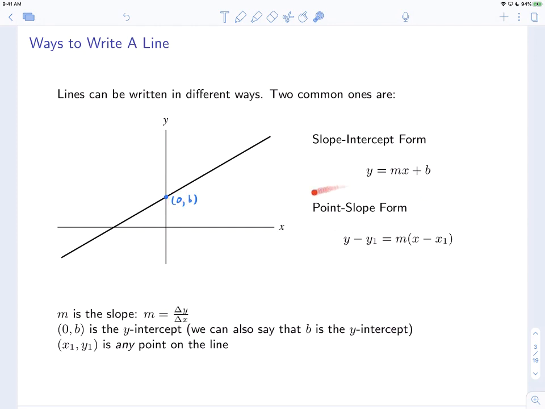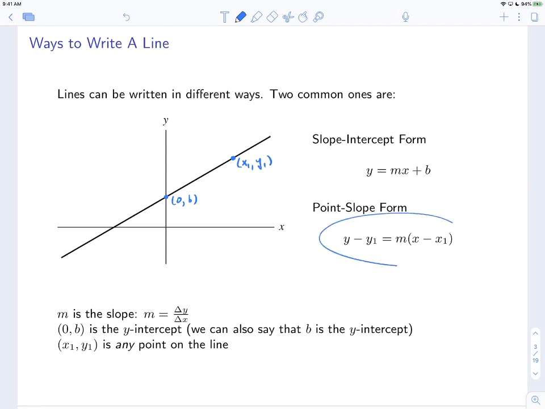The other form that we often use is point-slope form. y minus y1 is equal to m times x minus x1. Here again, m is the slope. Now x1 and y1 are the coordinates of any point on the line. So we can just pick any point that we want and give it coordinates (x1, y1).